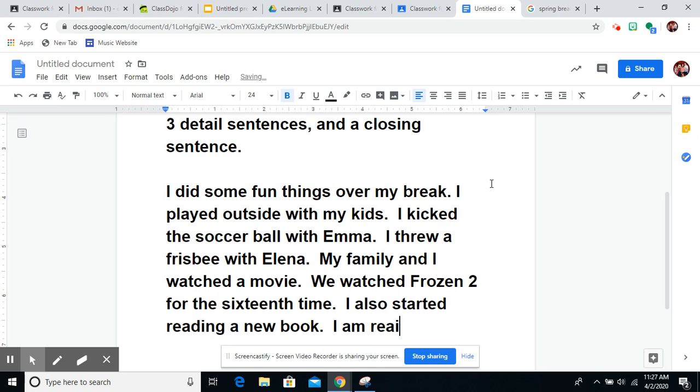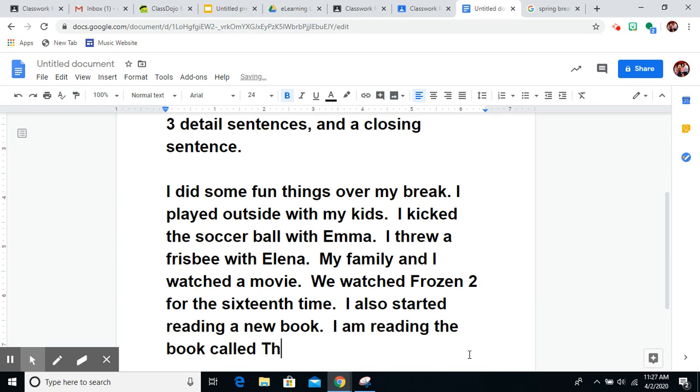I am reading a book called The Land of Stories.